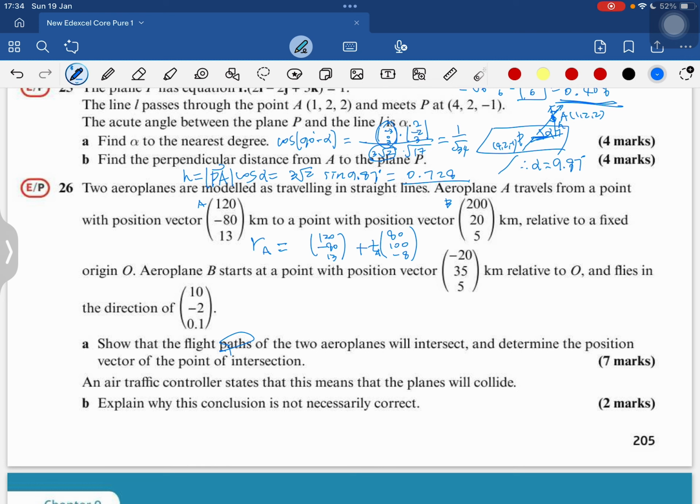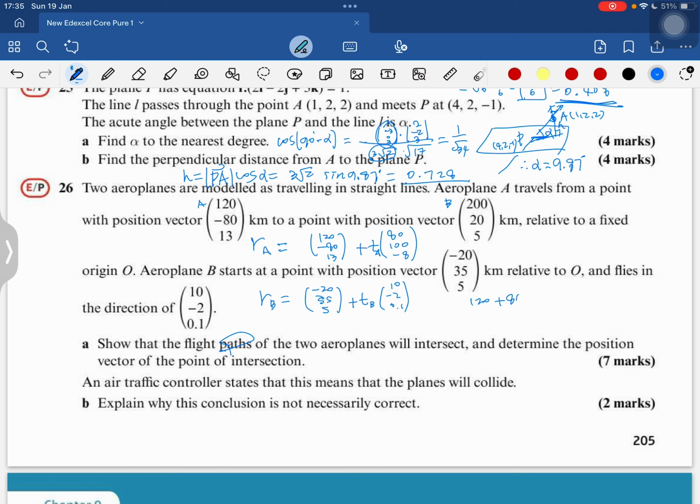And B starts from -20, 35, 5, plus TB, this is not time yet, 10, -2, 0.1. So we need to find the intersection point.